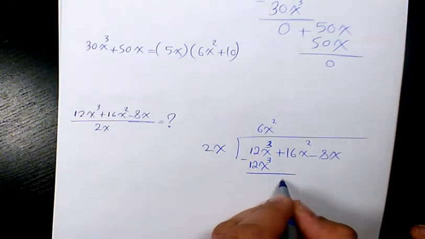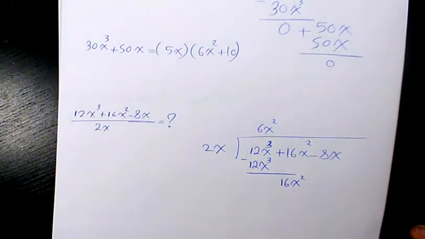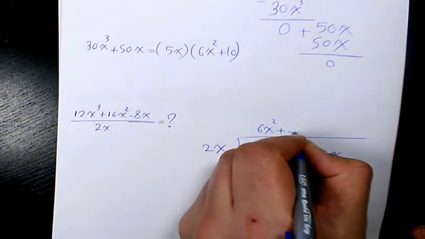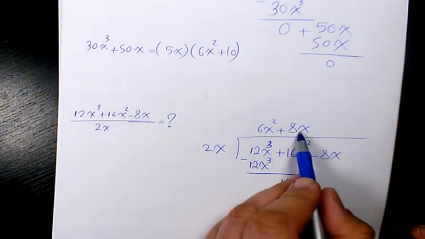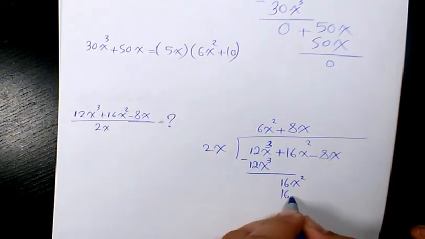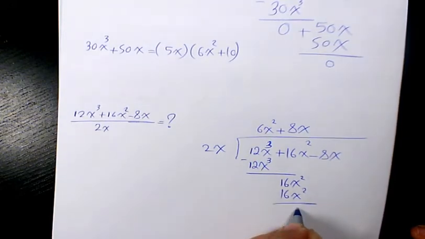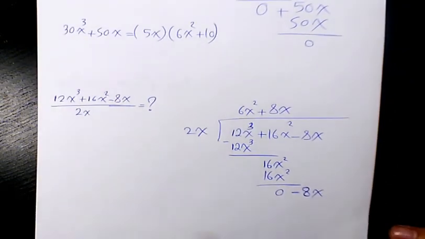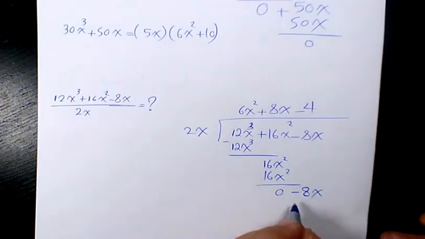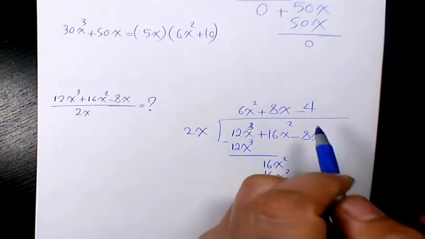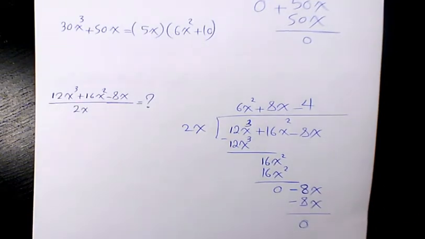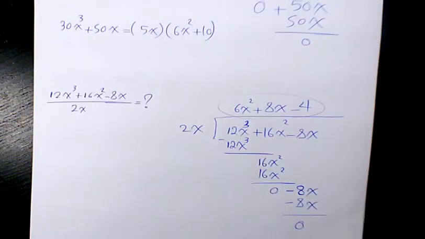You bring the next one down, it's going to be 16x squared. 16x squared divided by 2x is going to be 8x. Then 8x times 2x is going to be 16x squared. You subtract it, it's going to be 0. Then you bring the next number down, negative 8x. Negative 8x divided by 2x is going to be negative 4. So it's going to be negative 8x when you multiply these two. And then when you subtract it, it's going to be 0. So that's going to be the quotient.